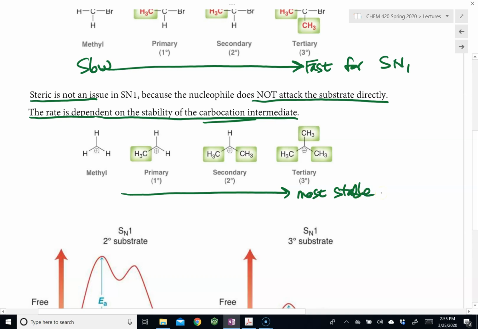Therefore, it can form the fastest, and this one is least stable. Because the tertiary carbocation is more stable, it can form faster. Therefore, a more substituted substrate undergoes the SN1 reaction much faster compared to a less substituted substrate.